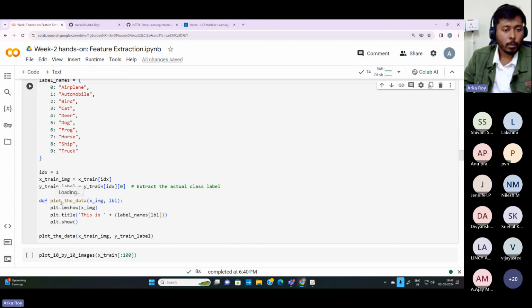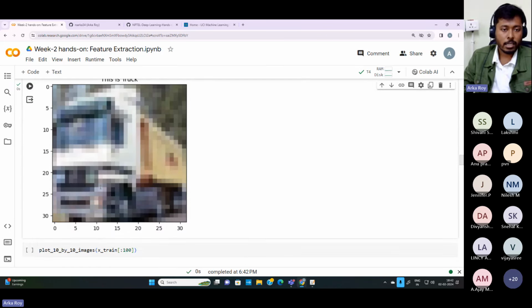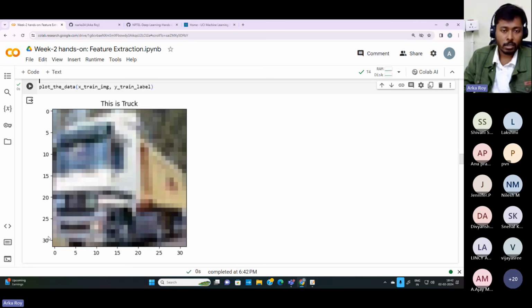After that, we'll be plotting the data. For that, we need the image itself and the corresponding label. So let me just run this. As you can see, the image is a colored image and the label is truck.